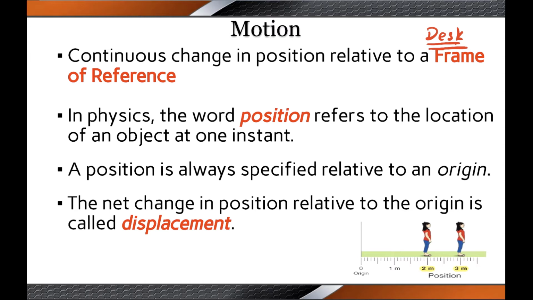Now from that distance or displacement and the time, we can figure out what the speed or velocity is as well. But before we get into speed and velocity, let's look at what the difference would be between distance and displacement.